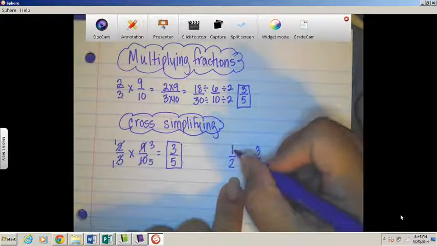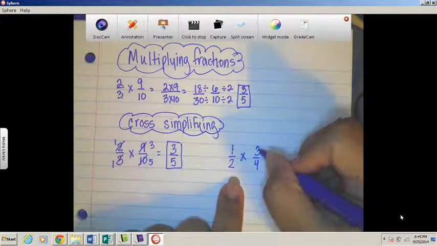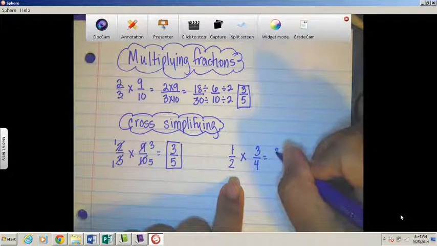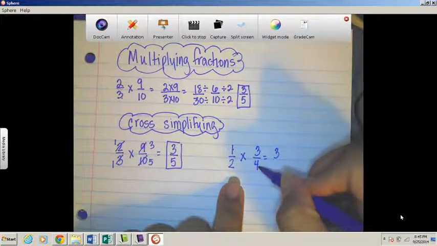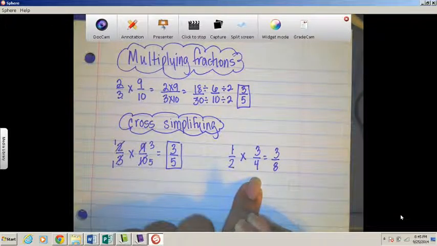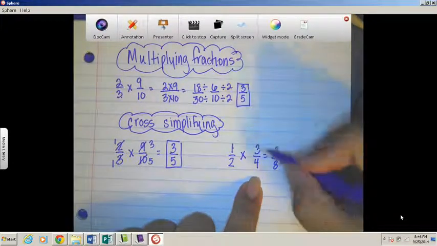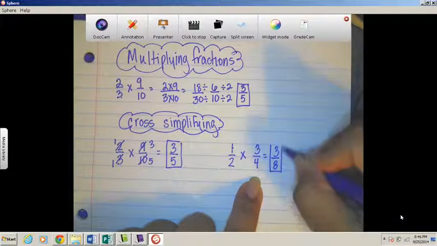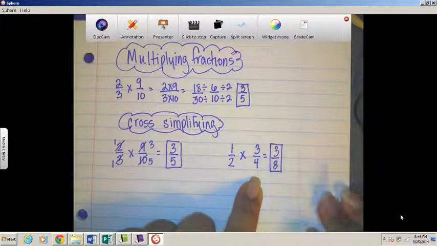Multiply my numerators. 1 times 3 is 3. 2 times 4 is 8. 3/8. This problem did not need to be simplified.